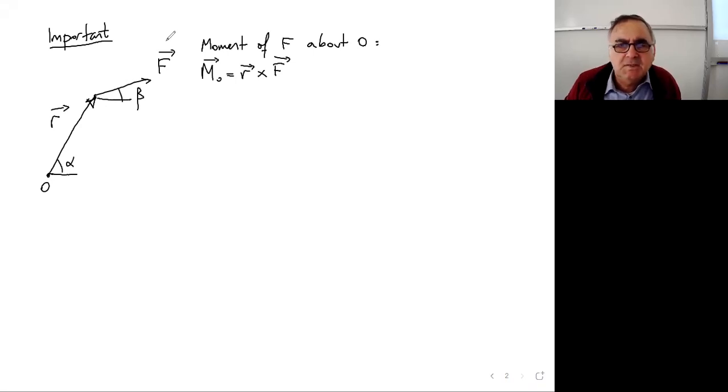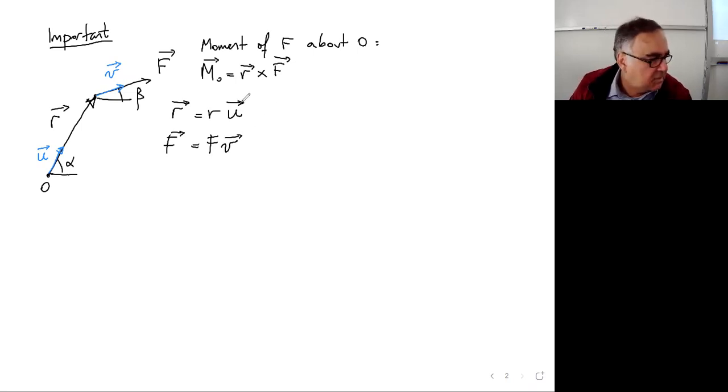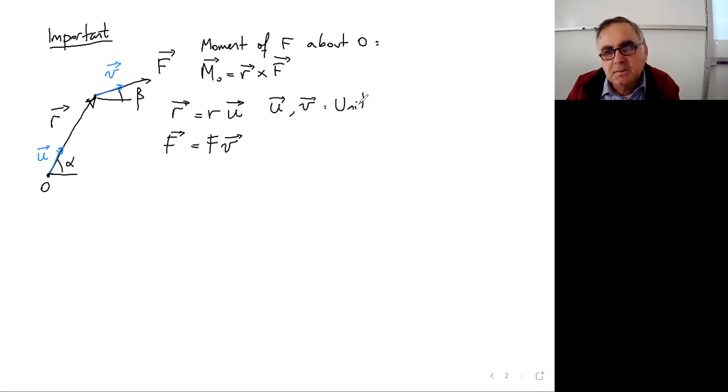And also, let's say that the unit vectors along the R and F directions are U and V. So that we can write R is equal to magnitude of R times U, and F is equal to magnitude of F times V.